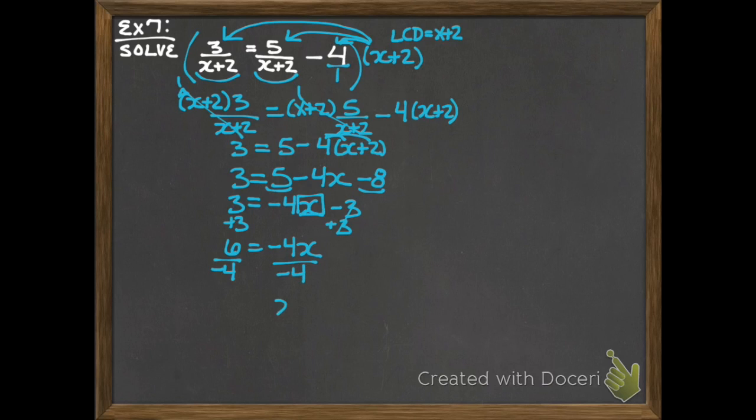And then I get that x equals negative 6 over 4, which I know simplifies to negative 3 over 2. And that's because 6 and 4 both are divisible by 2, right? Okay, so yeah, my final answer is just negative 3/2.